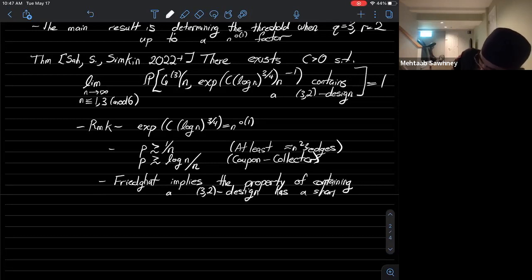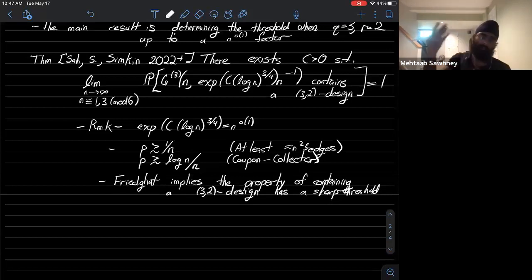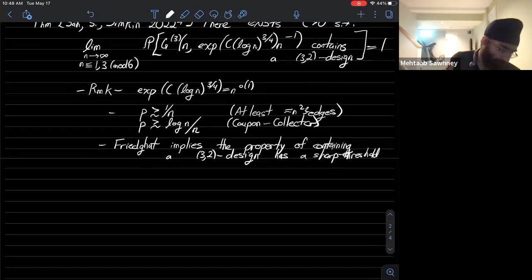To be precise, what Friedgut's result states is that if you have a coarse threshold, then your threshold sequence has to grow like n to the alpha, where alpha is a rational number. But we know that p is at least log n over n, and it's at most some subpolynomial times n to the minus 1. So this implies you have a sharp threshold sequence with our result.